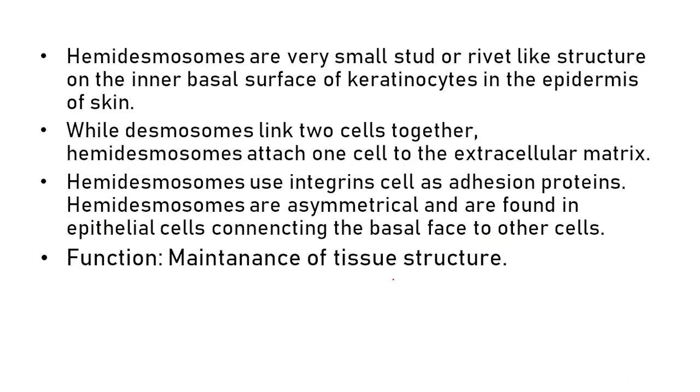Hemidesmosomes are very small stud or rivet-like structures on the inner basal surface of keratinocytes in the epidermis of skin. While desmosomes link two cells together, hemidesmosomes attach one cell to the extracellular matrix.